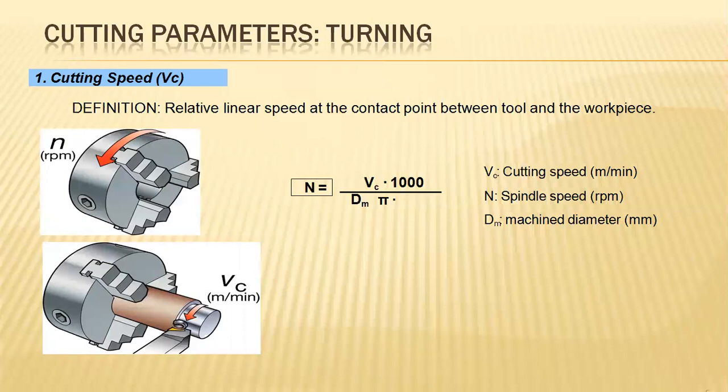See here, first thing is cutting speed. Today we have two different types of machinery. One, where the work part is in a fixed position and the tool moves over the work part for the machining activity. The second, where the work part is movable and the tool is fixed.